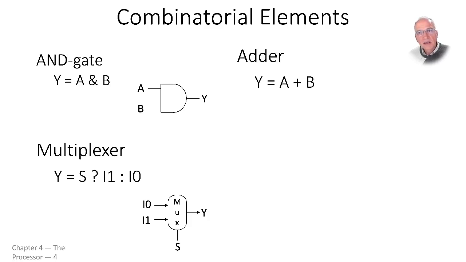where I have the switch that can switch the direction that a train goes or that a train comes from. Another type of combinatorial element is my adder. My half adder and even my full adder are combinatorial, and my entire arithmetic and logic unit that does all the arithmetic and logic operations has no memory. The output in that unit will change after a certain amount of delay because of the delay in the logic gates, but the output will change when the input changes, and it doesn't depend on any state.